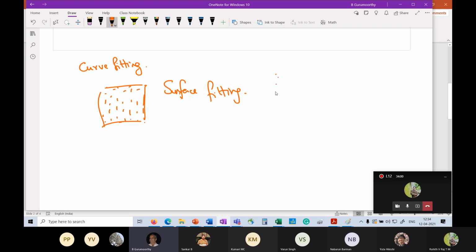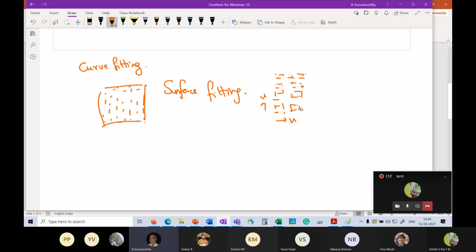Maybe I'll make it a better grid. So these are input points, and I have a u direction and a v direction, and the points are all along the u and the v direction.